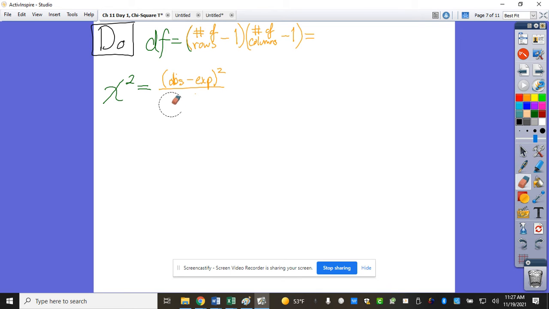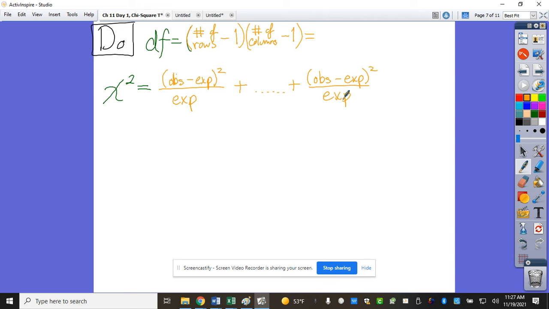OBS. Observed. You can write the whole thing out, but this is my first one of each, right? If I've got a whole bunch, I'm literally going to write it like this on my paper and not write all of them out, but that shows me that I'm doing them all.